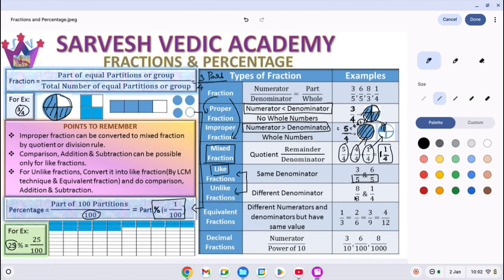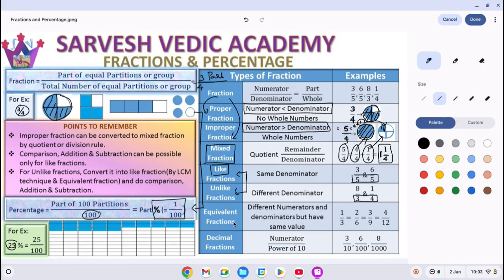If two fractions have different denominators, we can say that it is an unlike fraction. Why? Because we can calculate or convert or add or subtract only like fractions easily. So in my next videos, let me explain how to convert like fractions to unlike fractions or unlike fractions to like fractions easily.